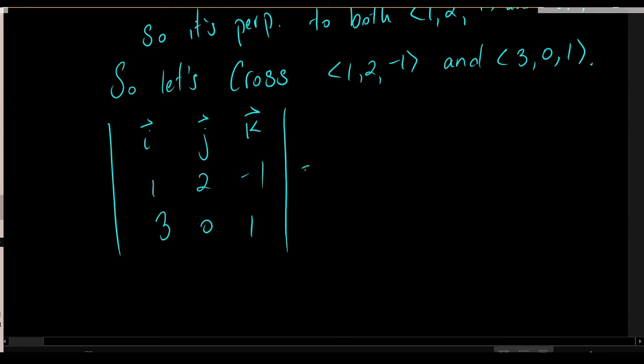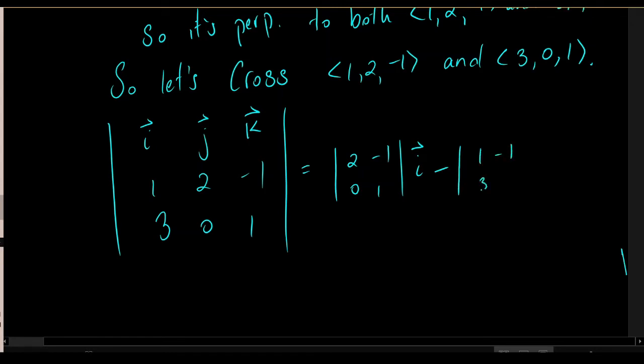Therefore, our vector has a component which is equal to the determinant of 2, minus 1, 0, 1, scaling i, minus the determinant of 1, minus 1, 3, 1, scaling j, plus the determinant of 1, 2, 3, 0, scaling k.